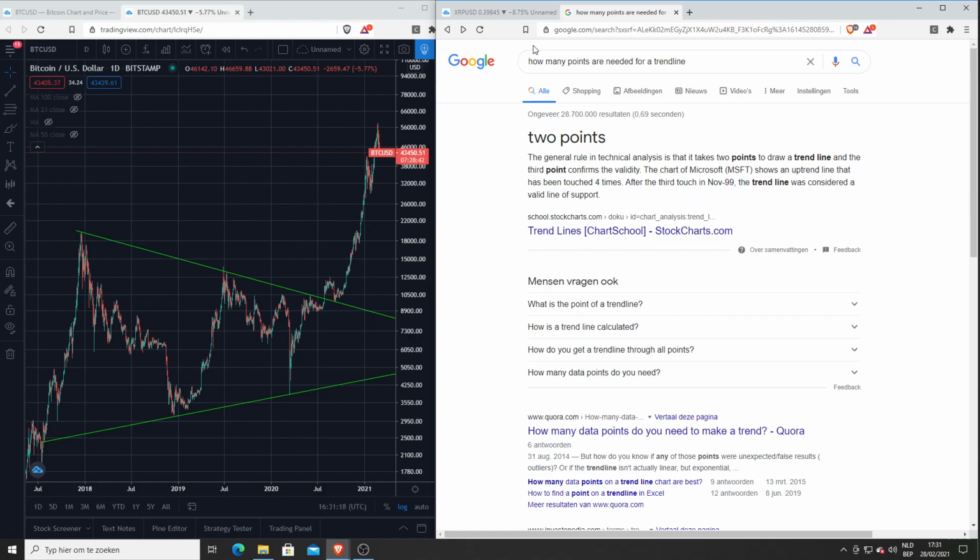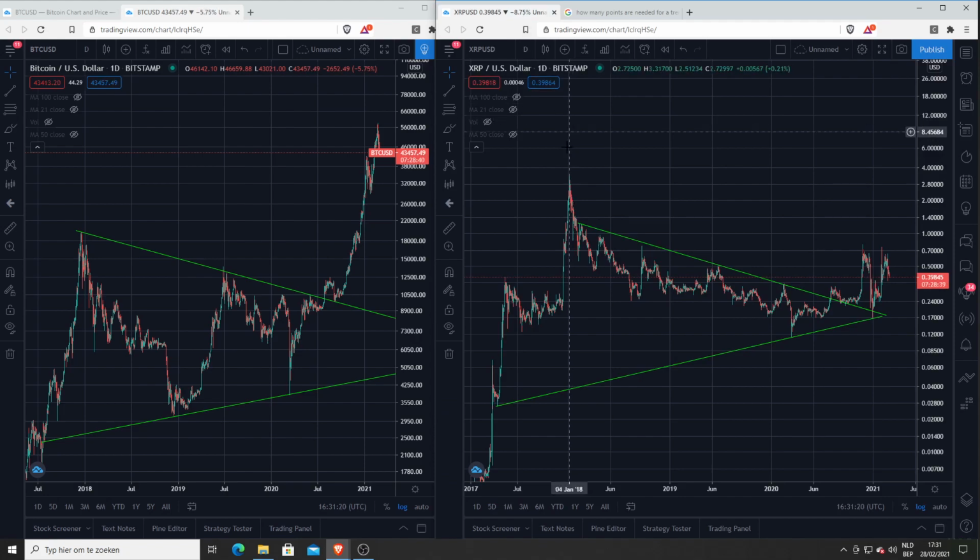That's very important. So on the XRP chart, we only had 2 touches, so we didn't have a valid confirmation that this line is indeed a support line. We only received this confirmation right in here. So what caused the third line of support?